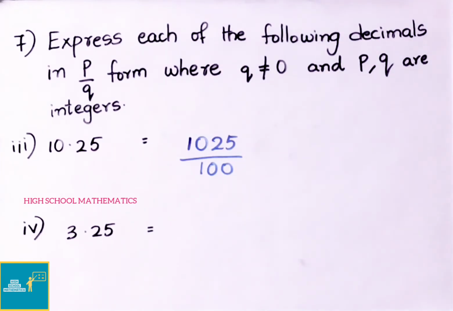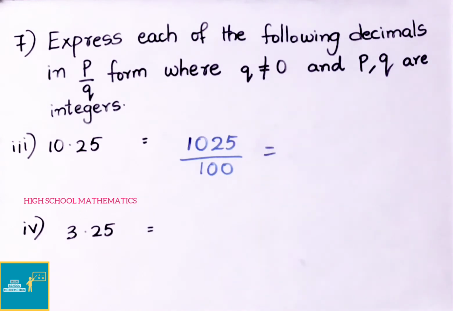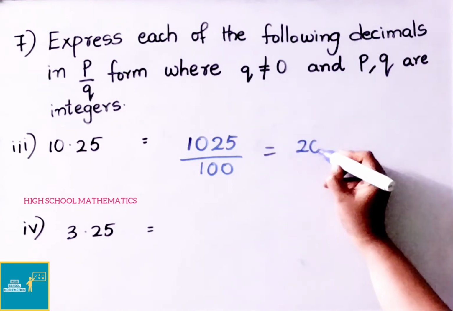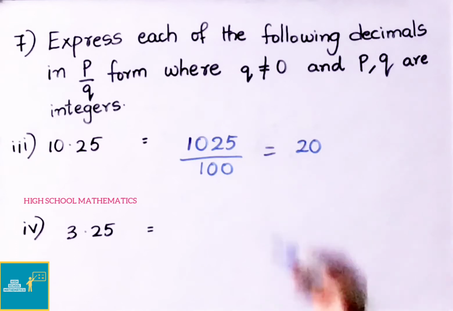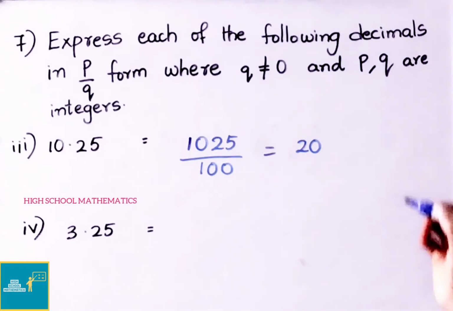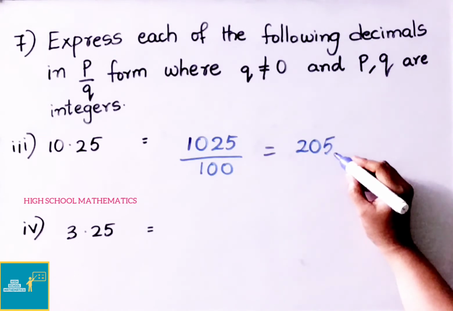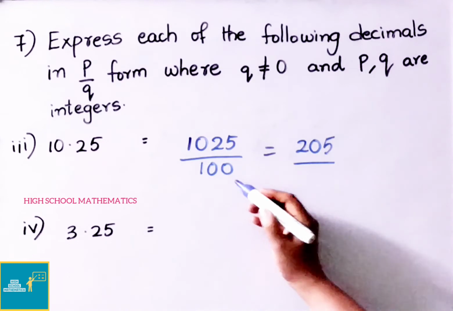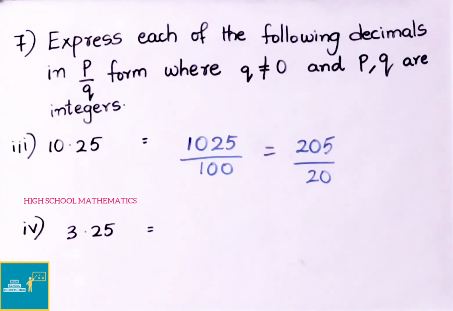Now this one we can divide further by dividing both the terms by 5. 5 twenty-s are 100. 5 times 205 is 1025 and 5 times 20 is 100. So we got now 205 by 20.